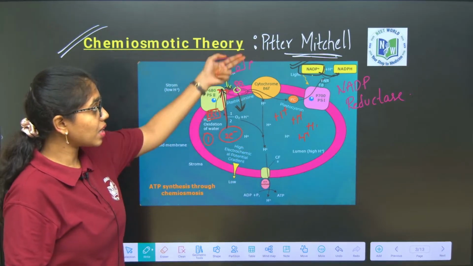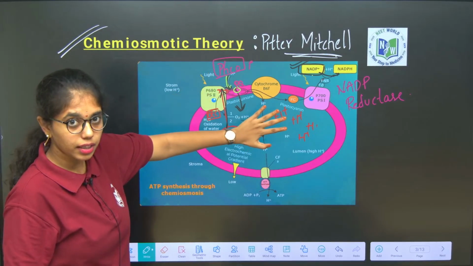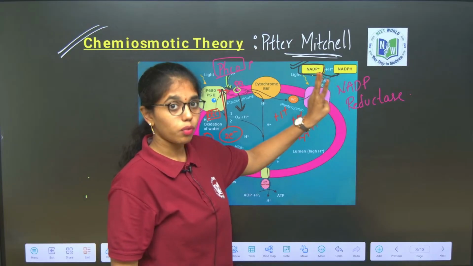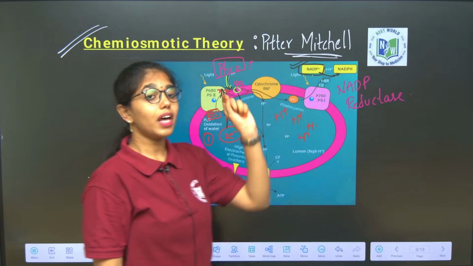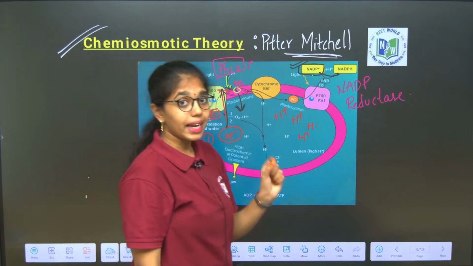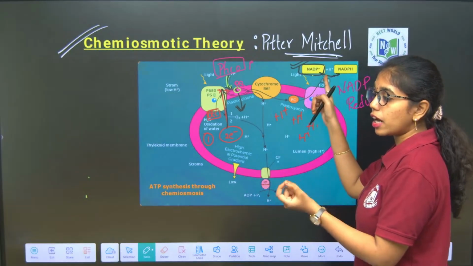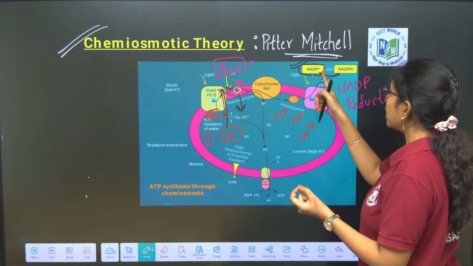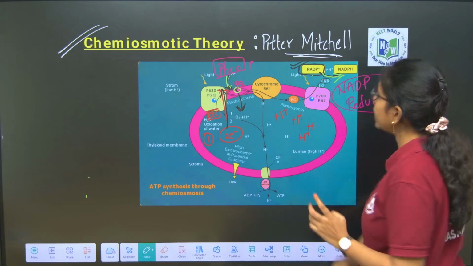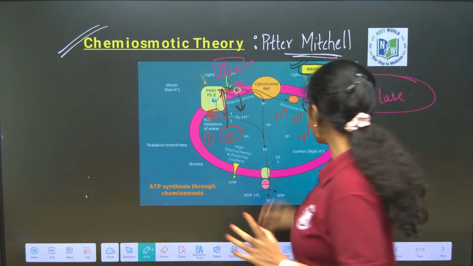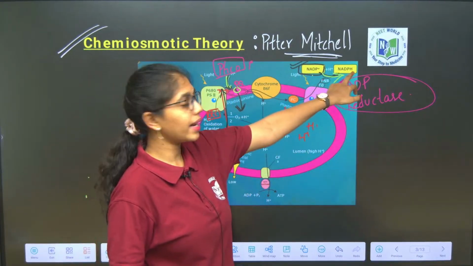This is one reason why protons are decreasing in the stroma and increasing further in the lumen. The third event which reduces the proton concentration in stroma is the last step, wherein NADP accepts the electrons, the final electron acceptor of the ETS, and gets converted to NADPH by the enzyme NADP reductase.